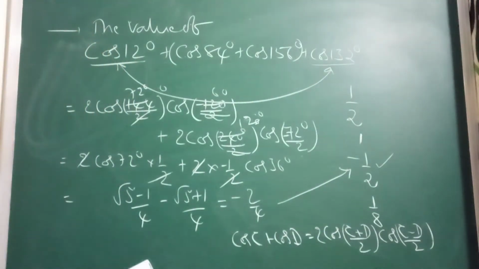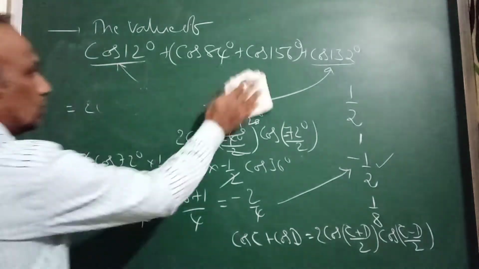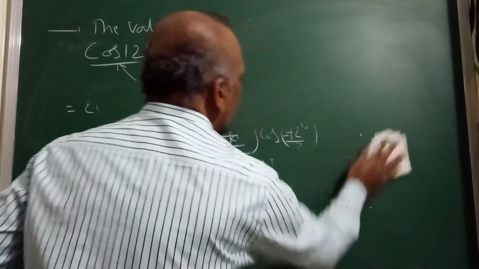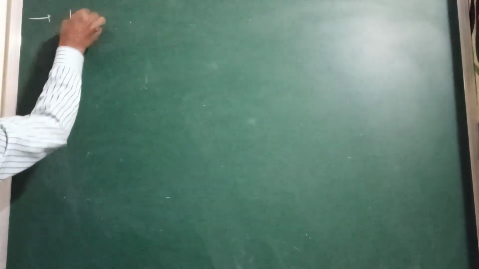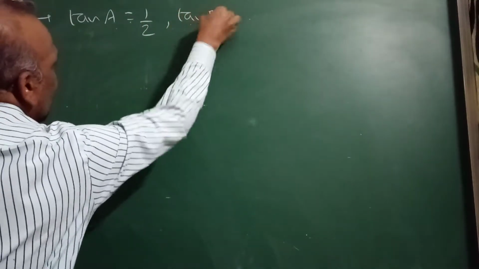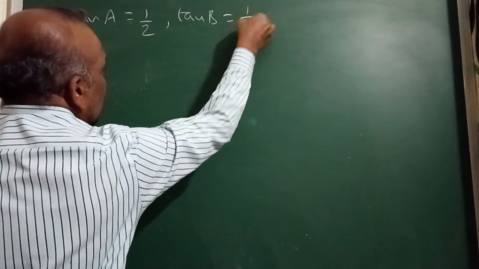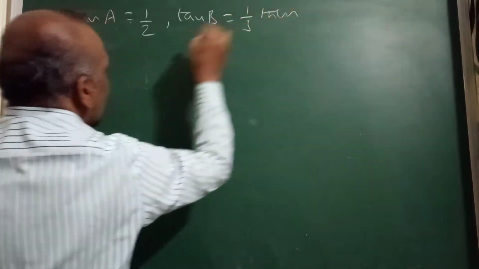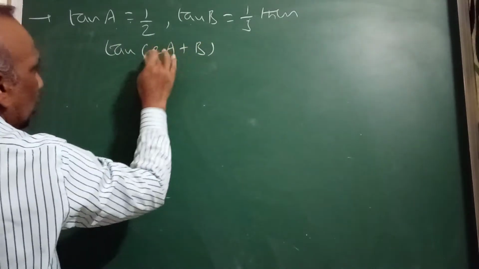Now the next problem. If tan A is equal to 1 by 2, tan B equal to 1 by 3, then they are asking tan of 2A plus B. What about this value?